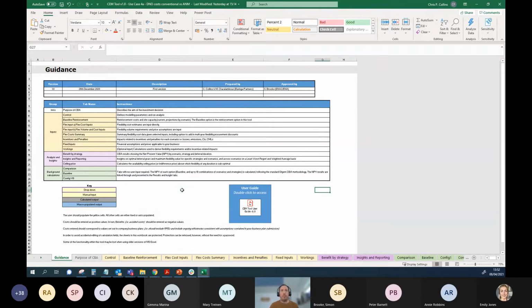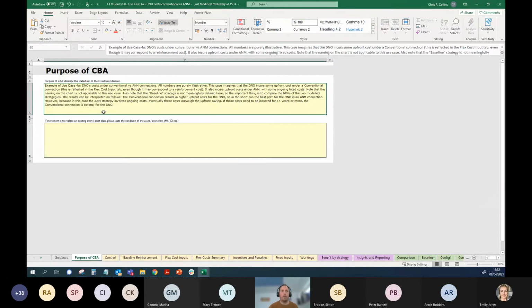So when we're talking about A&M, for example, so active network management, we're talking about flexible connections. Quite a lot of the considerations for whether an A&M scheme is appropriate, or whether a particular instance of A&M is the right answer, those costs and benefits will fall on the connecting party. That's not what this tool is intended to look at. It's only intended to look at the DNO slice of that, if you like. So just to understand that. So actually that's what it says in here.